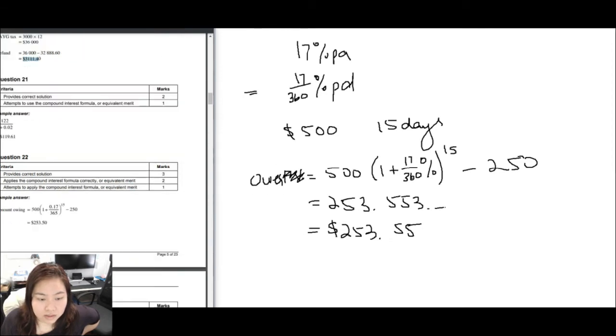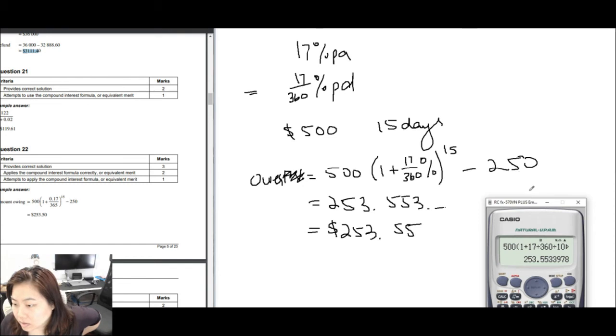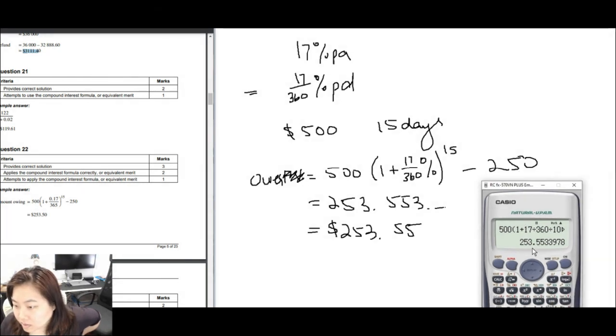50 cents. Yeah, I did that. Why is it 50 cents? It is not 50 cents. What did I do? 500, 1 plus, yeah, to the power of 15, minus 250. How is that 50 cents?